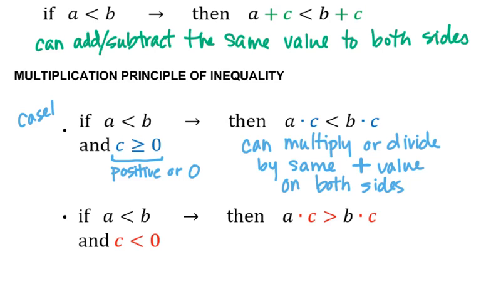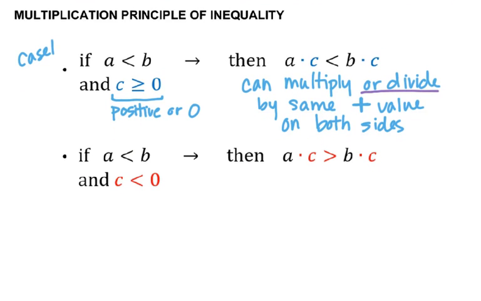So again, re-emphasizing that multiplication is the same but different operation as division. So multiplication is division by the reciprocal, or division is multiplication by the reciprocal. So case one deals with a positive number that we are multiplying by.